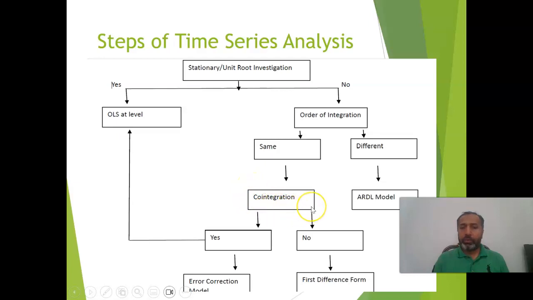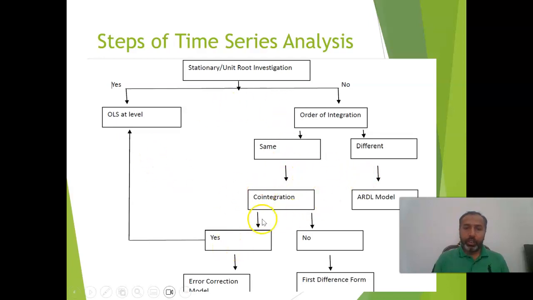By co-integration, we mean whether their linear combination is stationary or not, or in simple words, whether those variables have a long-term relationship with each other or not. Here we shall use the Engle-Granger approach of co-integration, and we can also use the Johansen-Juselius approach. In short, they are known as the EG approach and the JJ approach.